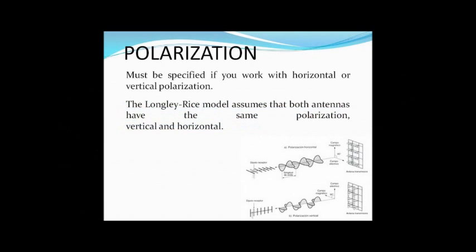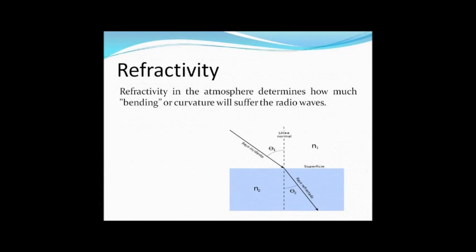Polarization must be specified if you work with horizontal or vertical polarization. The Longley-Rice model assumes that both antennas have the same polarization, vertical or horizontal. Refractivity. Refractivity in the atmosphere determines how much bending or curvature the radio waves will suffer.